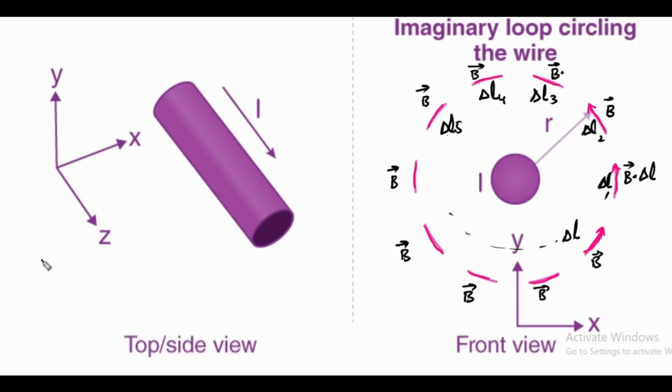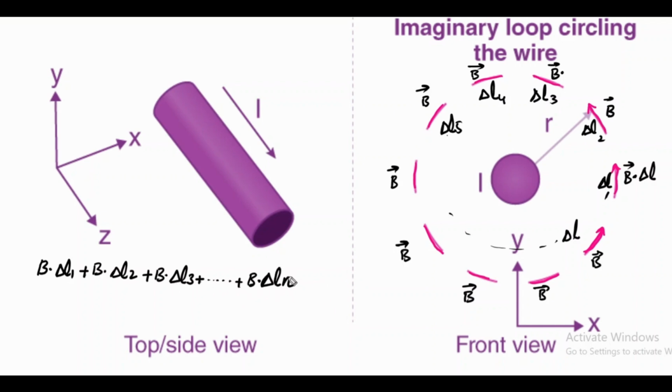So here we will take B dot del L1 plus B dot del L2 plus B dot del L3 plus up to B dot del L N.